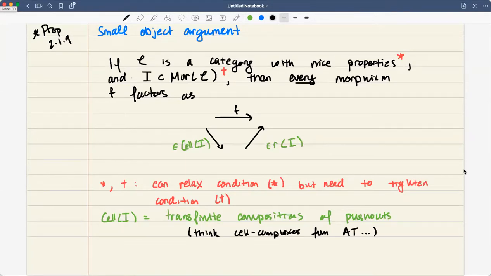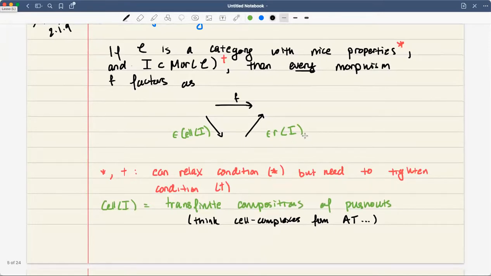I was just writing down here a not very general version of it, which is: if C is a category with certain nice properties, like locally presentable or something, then you take any class of morphisms I in C, and every morphism will factor as a cell I, and then as a, what is this, a retract maybe? Or no, right lifting property. Yeah, I think this is right lifting property.